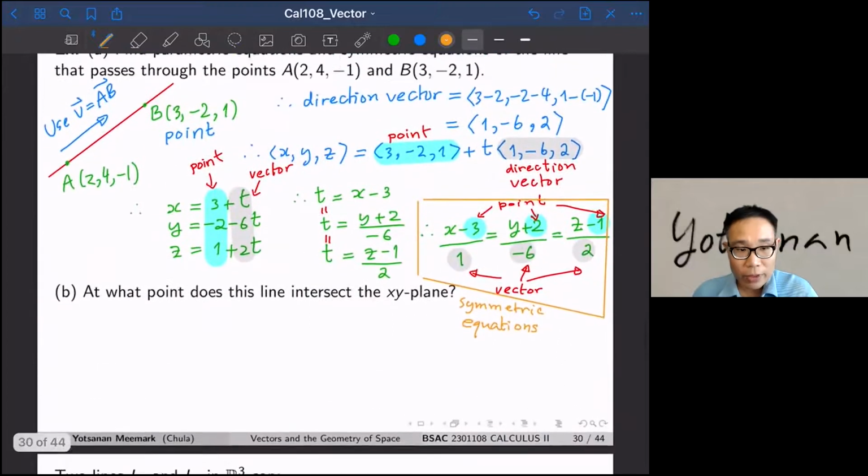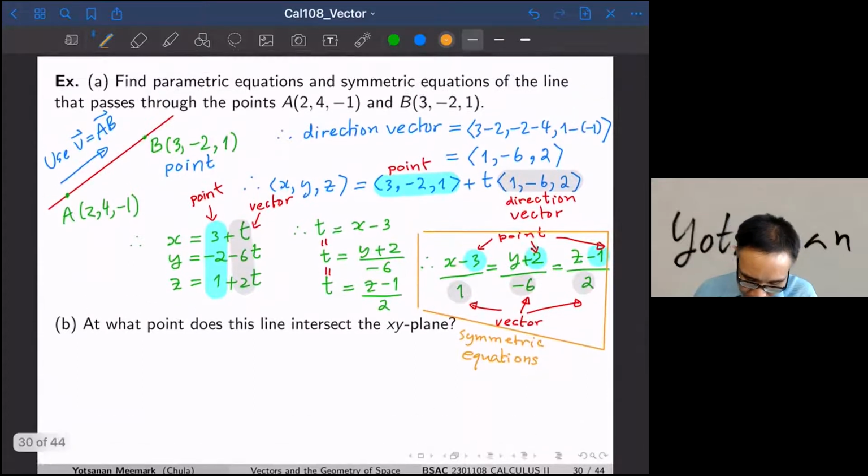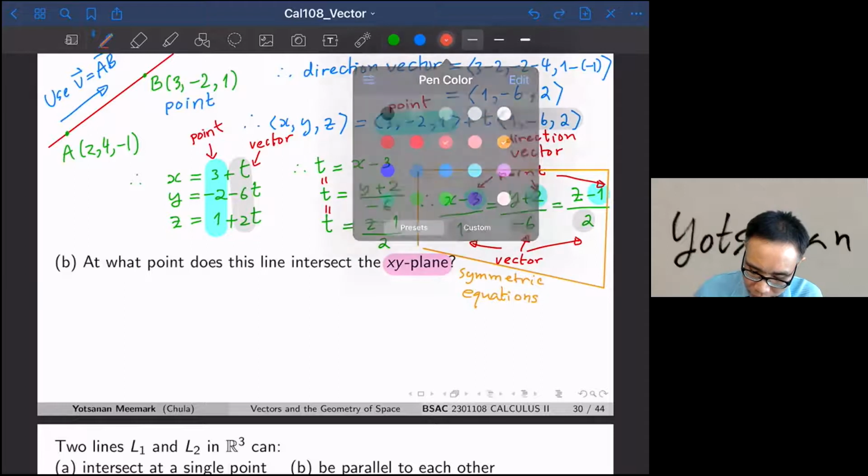Let's answer question B. At what point does this line intersect the xy plane?